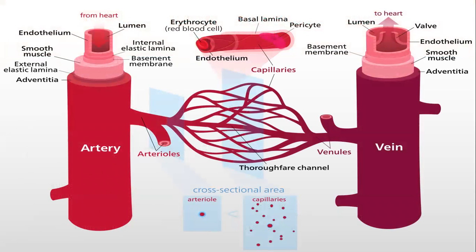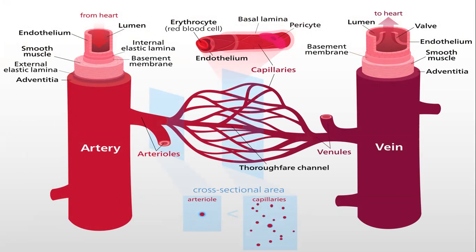And so our arteries, veins, and capillaries are composed of different kinds of layers. So for arteries, we have the tunica intima, tunica media, and tunica adventitia. So the tunica adventitia is the outermost layer, while the tunica intima is the innermost layer.